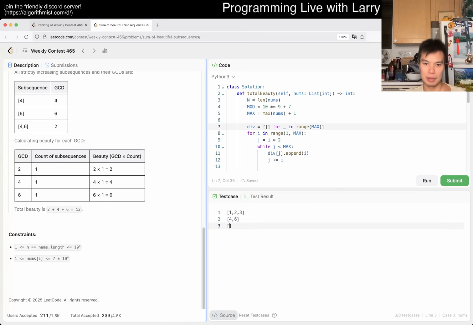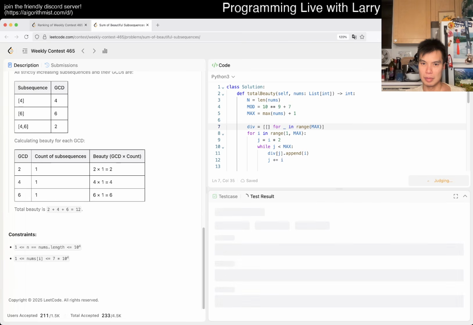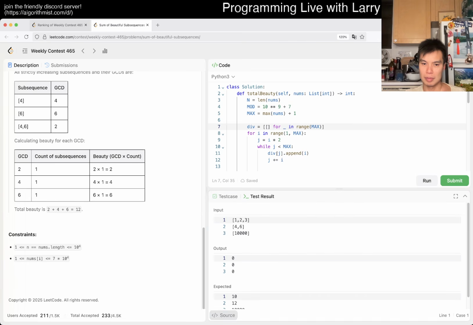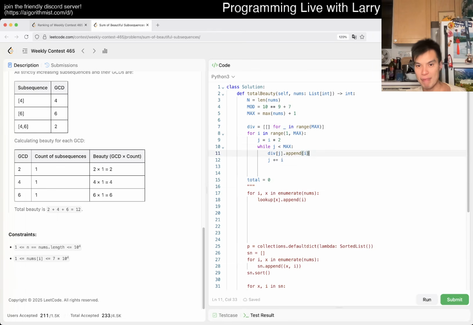So we have 1 or 2 numbers. Still fast enough. Okay, fine. Maybe I should think about using this more in the future.